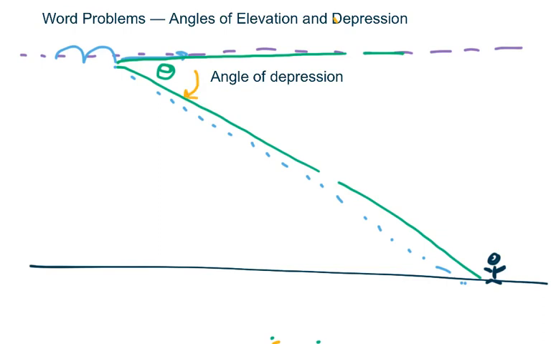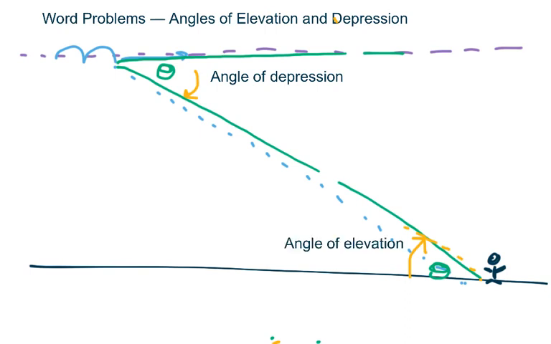Now, say you're down here and you are looking up at the bird. Then from the horizon, it's always from you up is what we're looking at. So in this case, this is theta, and that's what we call the angle of elevation, because you're going up.